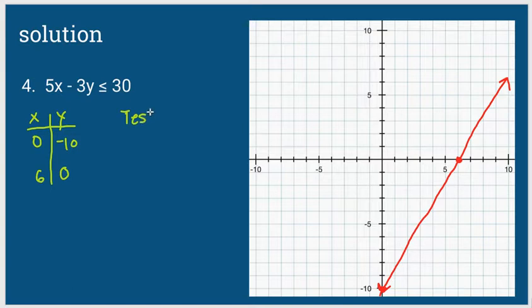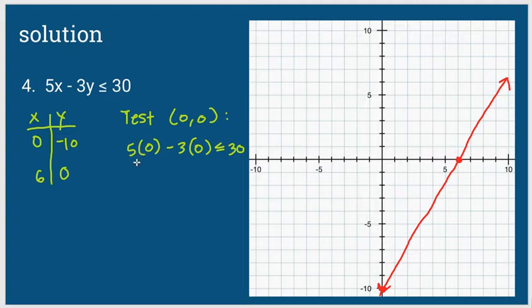I can use 0, 0 because this line does not go right through 0, 0. I'm going to plug in 0 for x and 0 for y. And then I'm going to write in the rest of the inequality there.